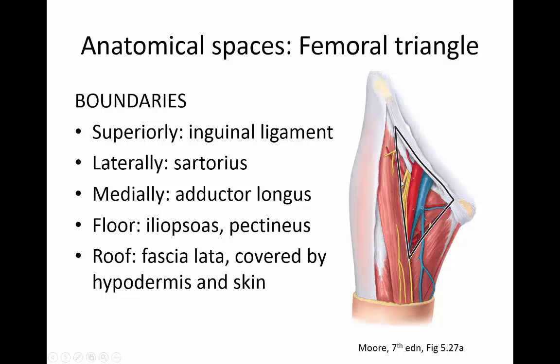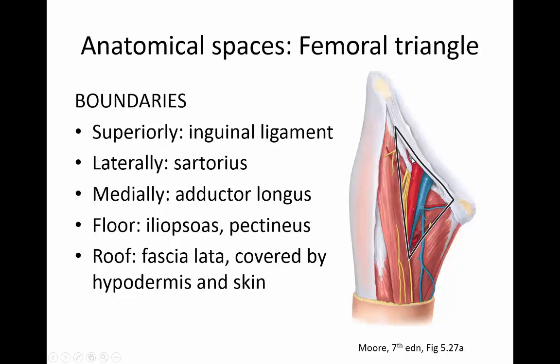Laterally, we have the sartorius muscle. And medially, we have the adductor longus. The floor, being the deepest part, will be our pectineus and iliopsoas muscles, and the roof, being the most superficial, will be our fascia lata, or that deep fascia of the thigh, with hypodermis and skin superficial to that.